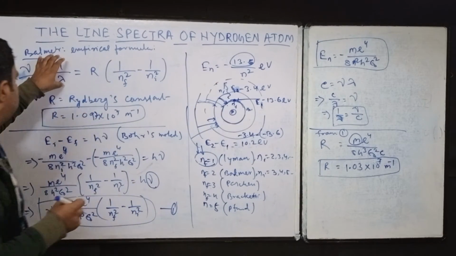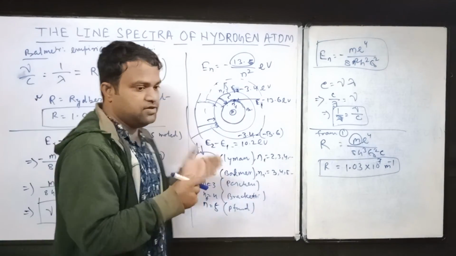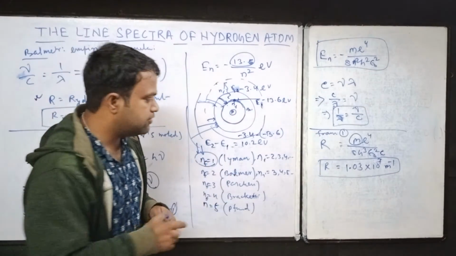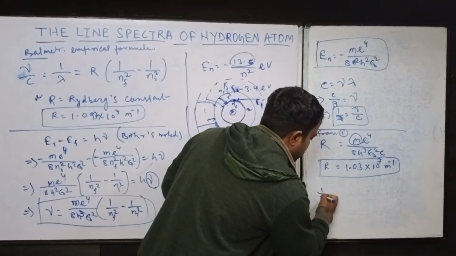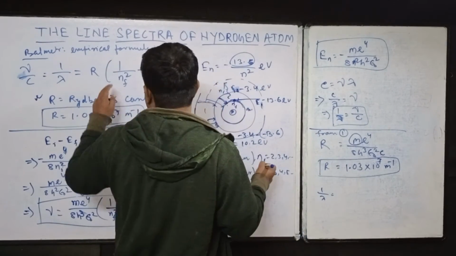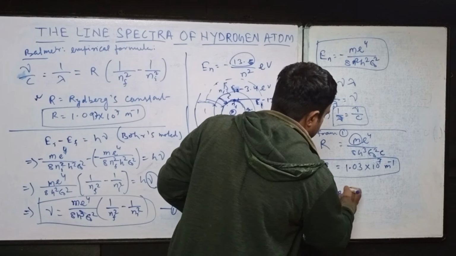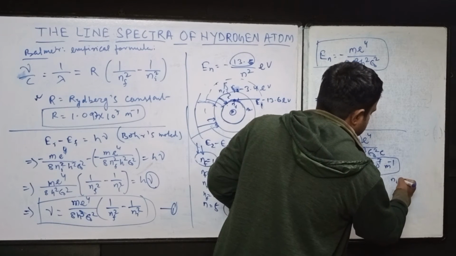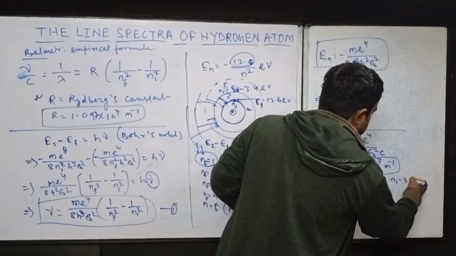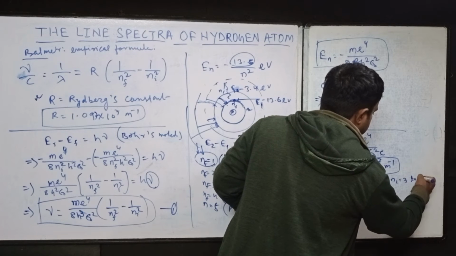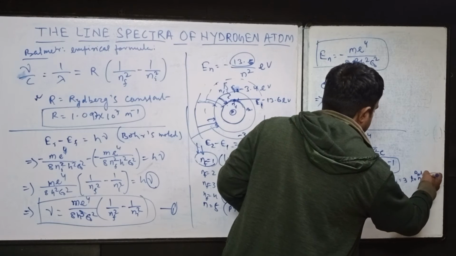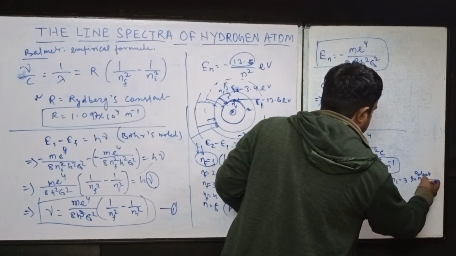So how will you calculate the frequency? If frequency is asked, you can calculate it, and if wavelength is asked, then also you can calculate. So you can use 1 upon lambda equal to R into, the question is, it is jumping from initial ni equal to 3, to the Balmer series, that means nf will become 2.